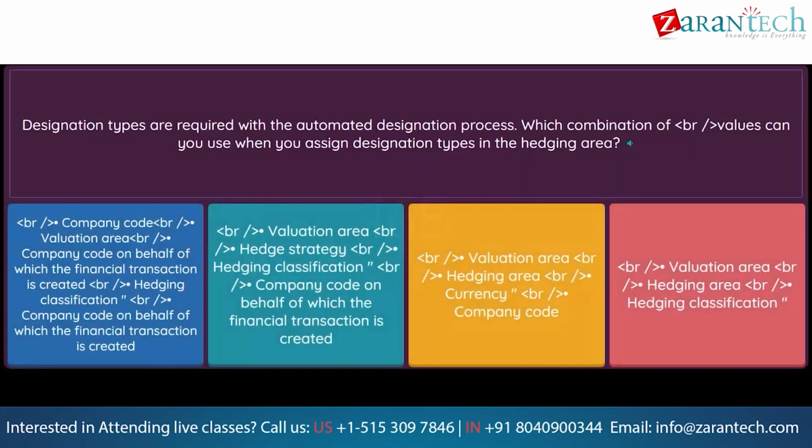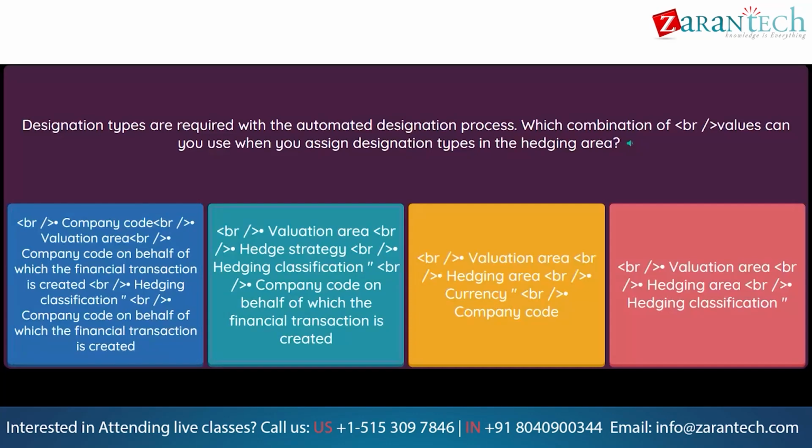Question: designation types are required with the automated designation process. Which combination of values can you use when you assign designation types in the hedging area? Option 1, company code, valuation area, company code on behalf of which the financial transaction is created, hedging classification, company code on behalf of which the financial transaction is created.